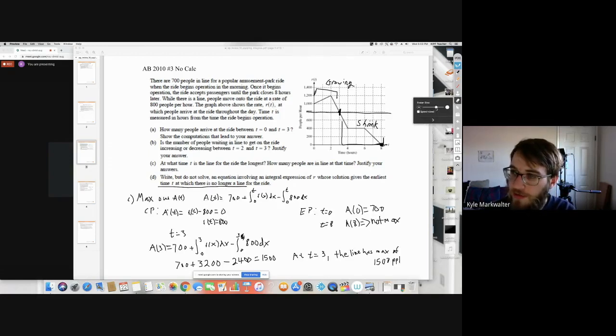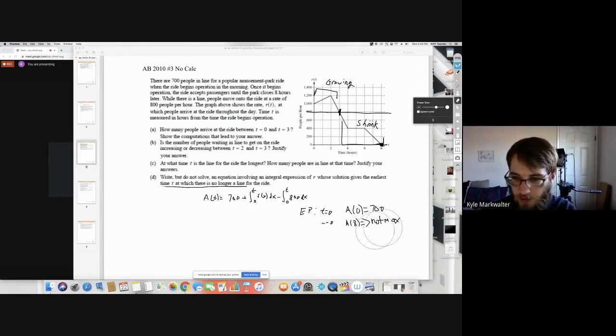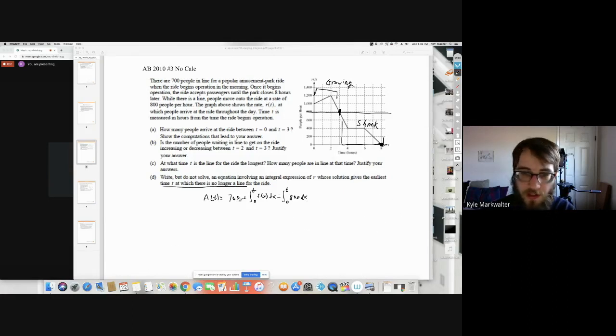The equation for the people in the line is right here. And we want to know, write an equation so that there are no people in the line.